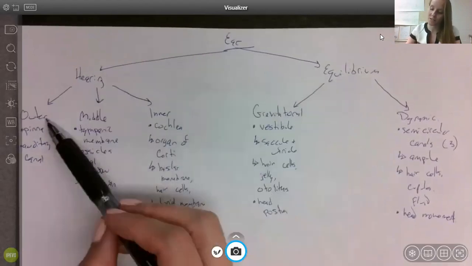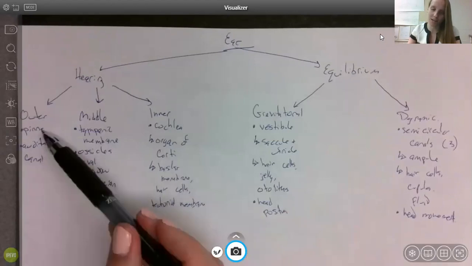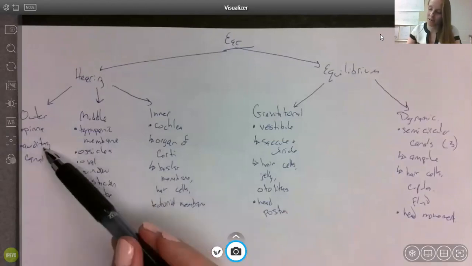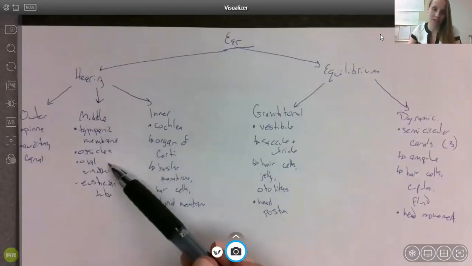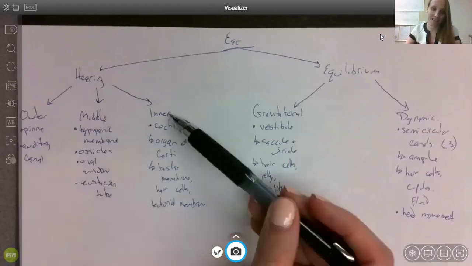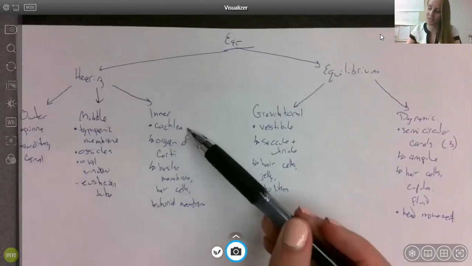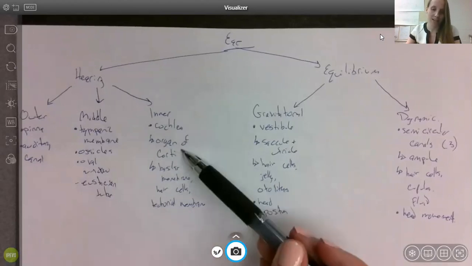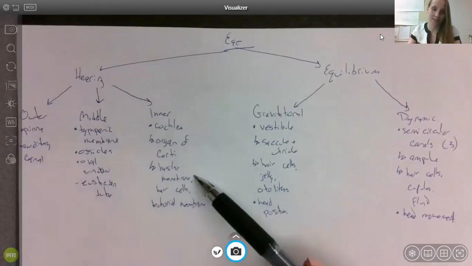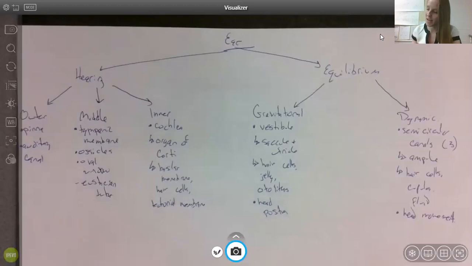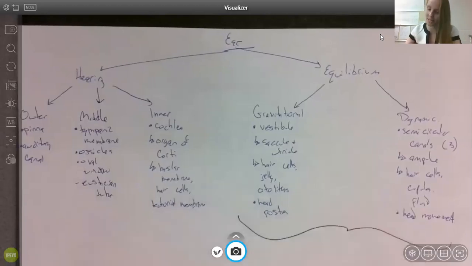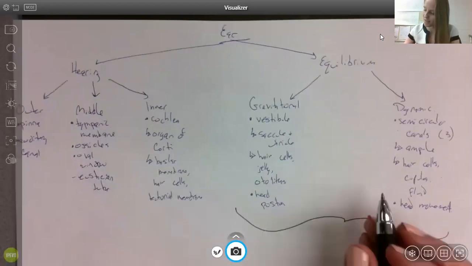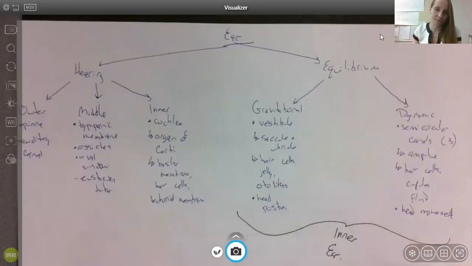So for the hearing portion, again, the outer ear is the pinna and auditory canal, the middle ear is the tympanic membrane, the ossicles, the oval window, and the eustachian tube, and the inner ear is the cochlea, which contains the organ of Corti, and inside the organ of Corti, we would find the basilar membrane, the hair cells, and the tectorial membrane.